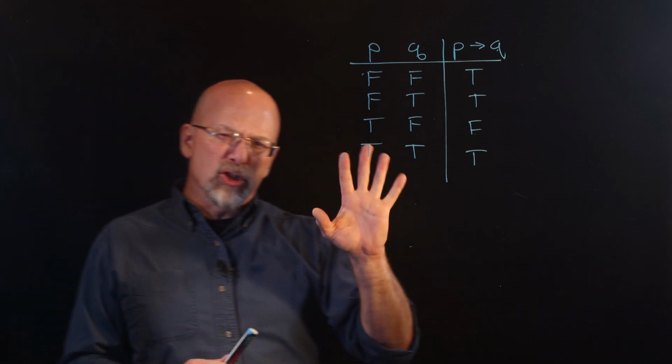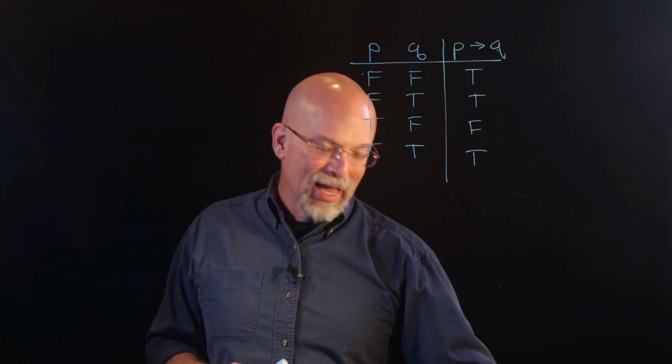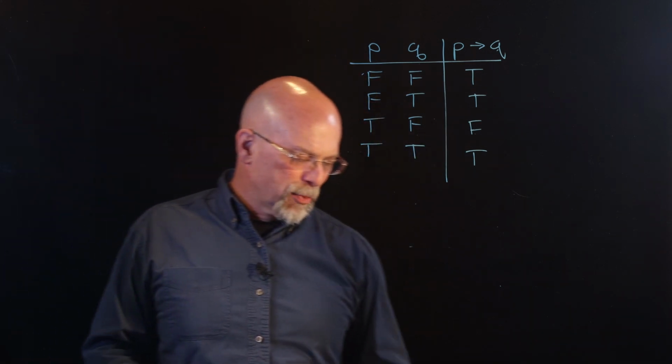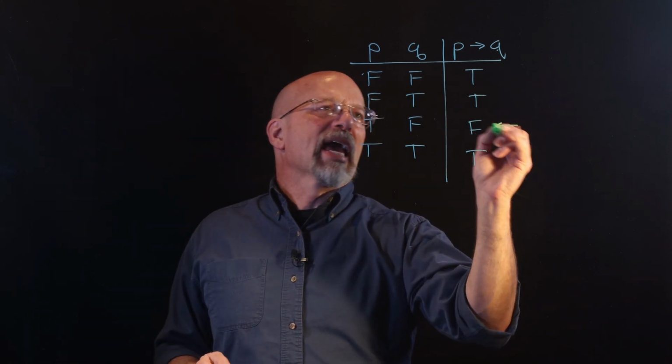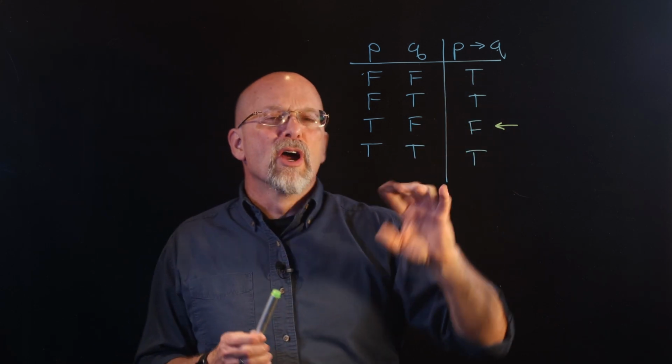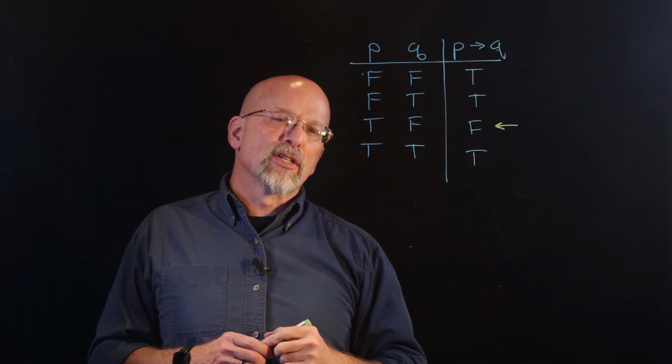Now, if I were to ask you, could you please describe this truth table using words without drawing the truth table? Well, it might be a little bit of a challenge, but one of the things you could say is that the implication is true for every row except where P is true and Q is false.